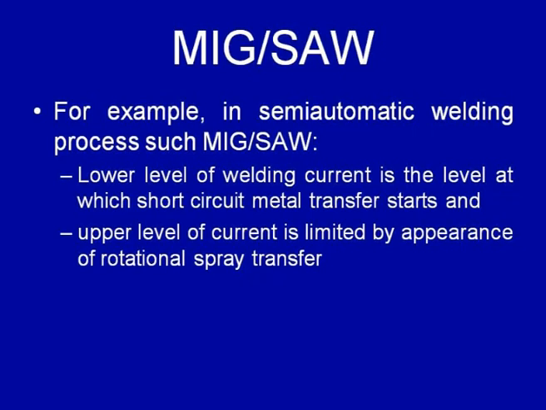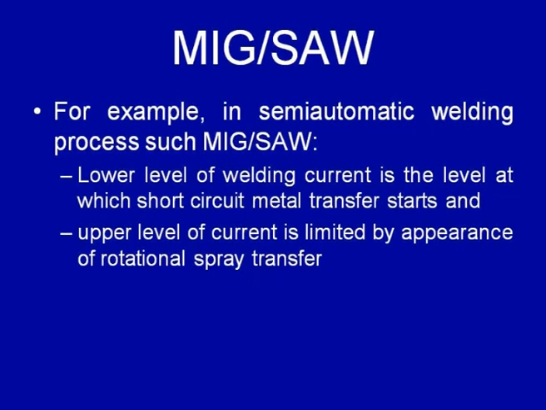In case of the MIG welding process or the submerged arc welding process, the upper and the lower level of the welding currents are determined by different factors. The lower level of the welding current is the level at which the short circuiting metal transfer starts, while the upper level of the welding current is limited by the appearance of the rotational spray transfer.